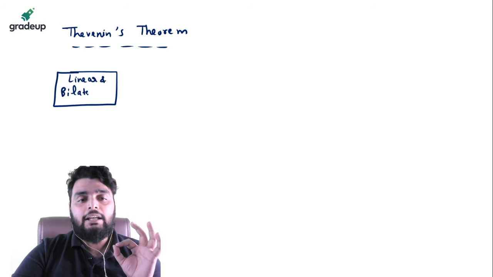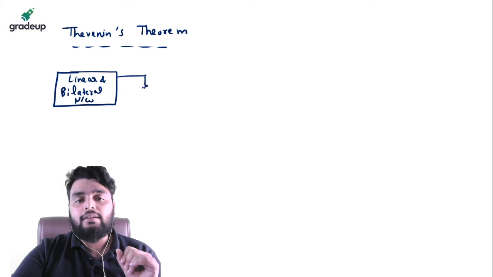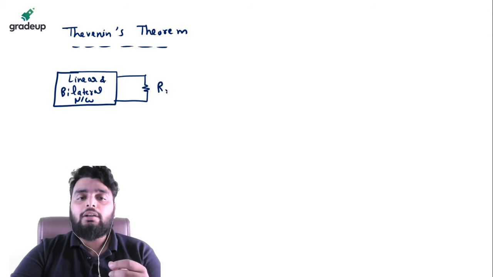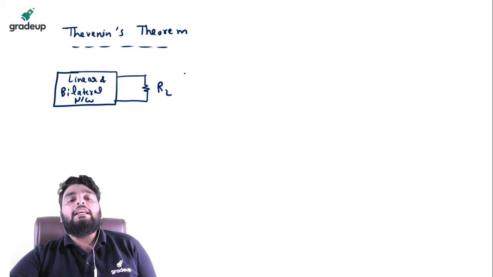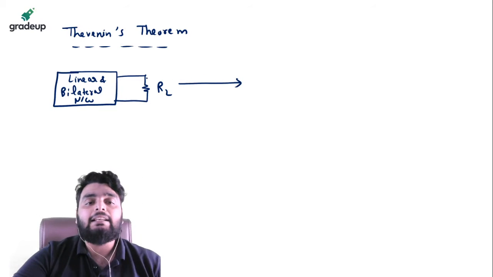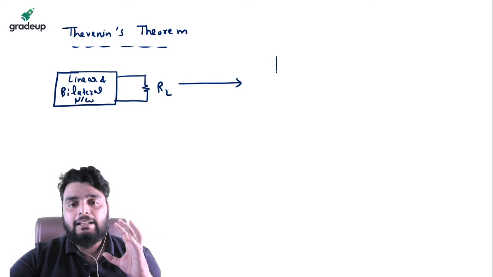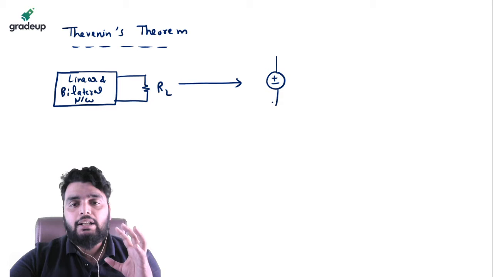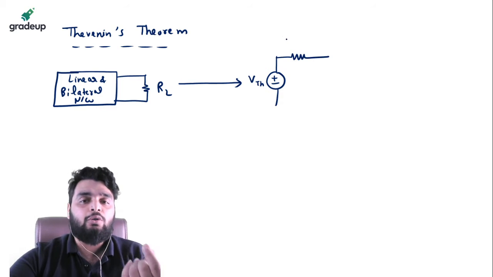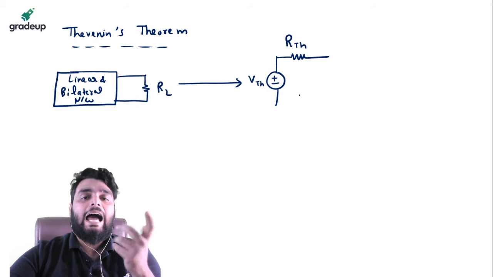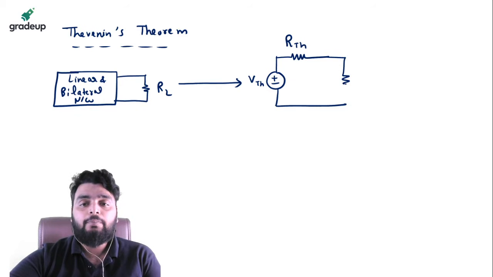If you have a linear and bilateral network connected to a resistor, or you can say load, for the AC circuit this becomes the impedance, then I can convert this network just into a voltage source, such that the magnitude of the voltage source is known as the Thevenin's voltage, and the resistance is known as the Thevenin resistance across the load.